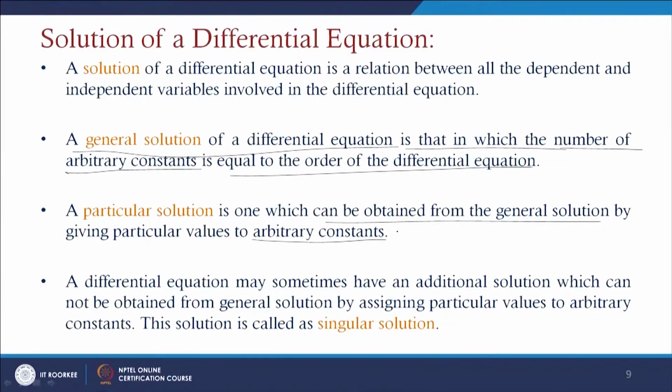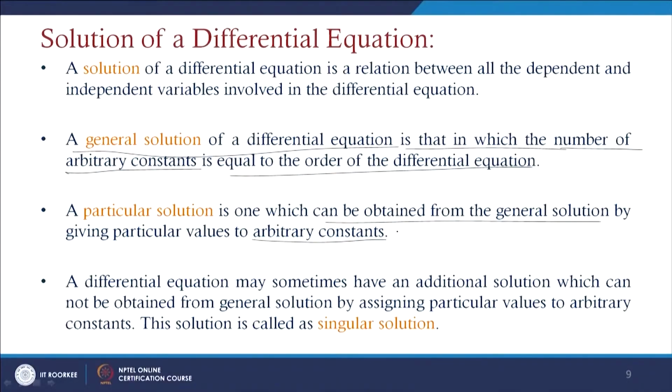Further, a differential equation may sometimes have an additional solution which cannot be obtained from the general solution by assigning particular values to the arbitrary constants. This solution is called a singular solution. Sometimes you can find regular solutions or singular solutions if some dividend terms are multiplied there, where analyticity preserves that point at that level; if the dividend term is multiplied with the differential operator, then we can find this singular solution.